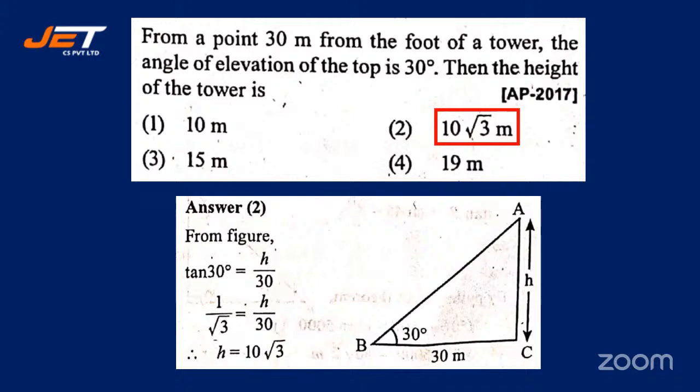It is 1 by root 3. So 1 by root 3 is equal to h by 30. When you cross multiply, you get h is equal to 10 into root 3. Hope this is clear. You would have got answer 2 if you work it out. And many of you are giving me the option as 2, which is all the more correct.